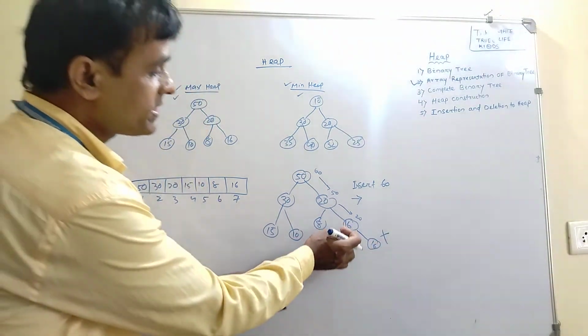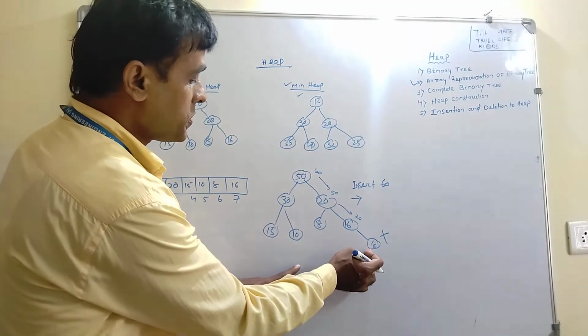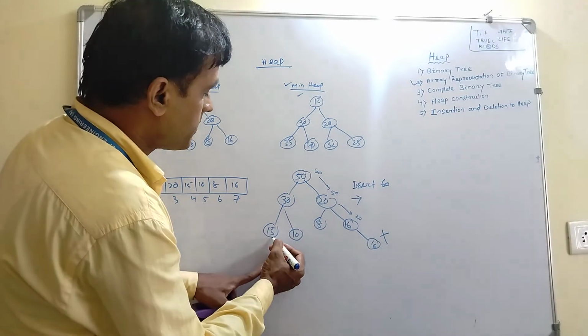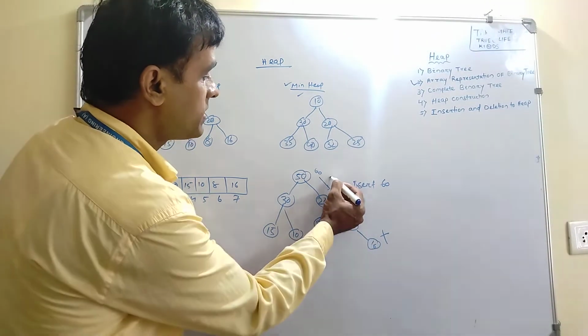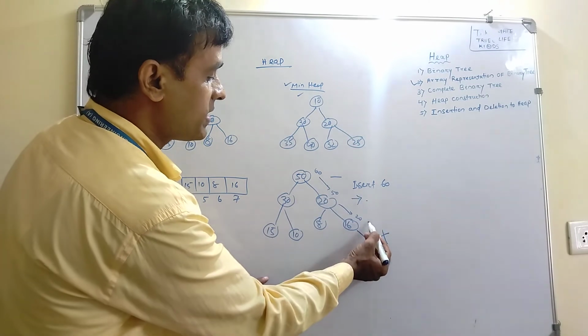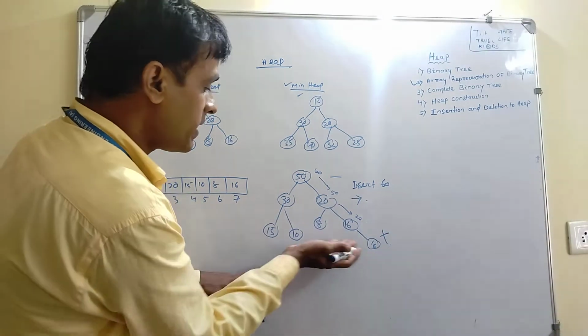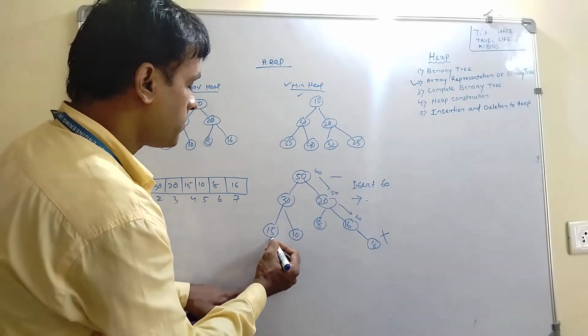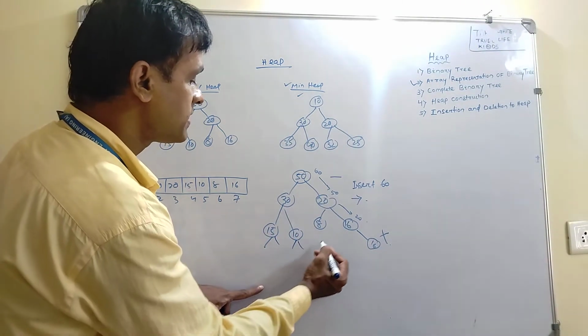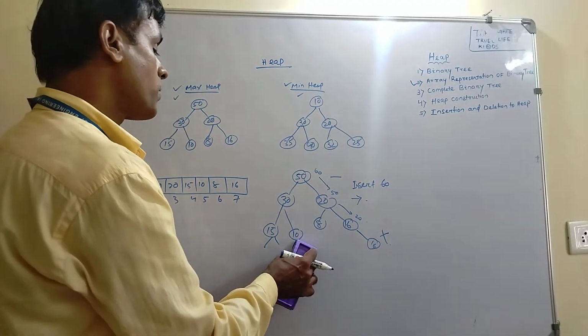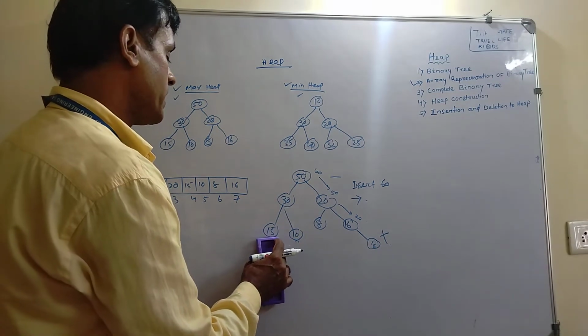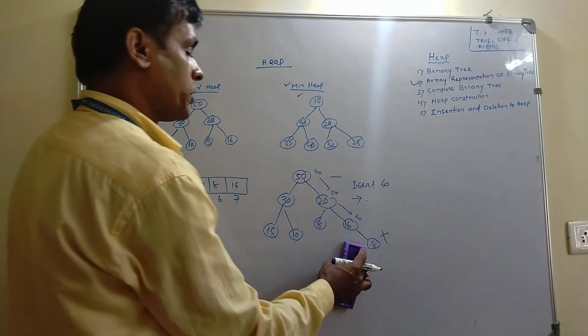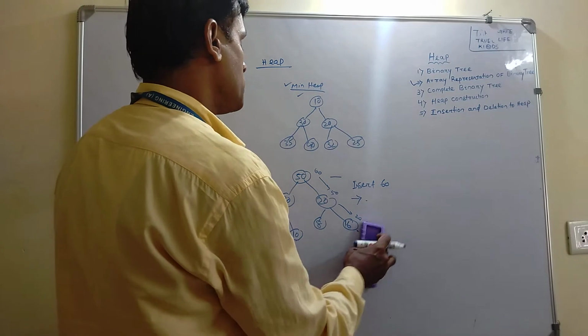Because if 16 comes here, there will be a missing value. This is level 0, this is level 1, this is level 2, this is level 3. But in level 3 there is one node, and these nodes are free. We have to fill these nodes first. It will violate the complete binary tree property. So this is not at all possible.